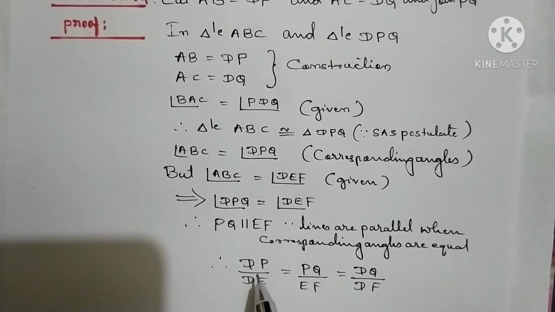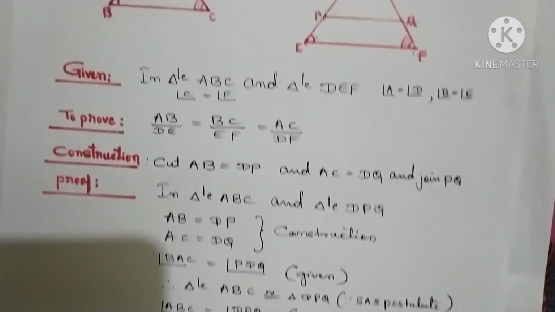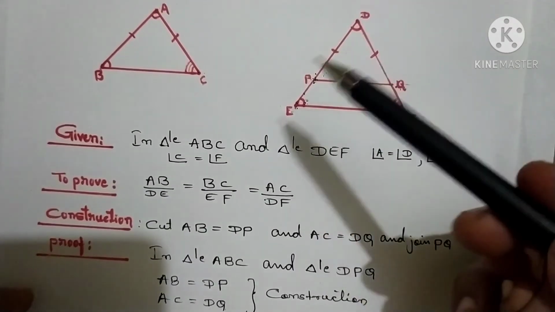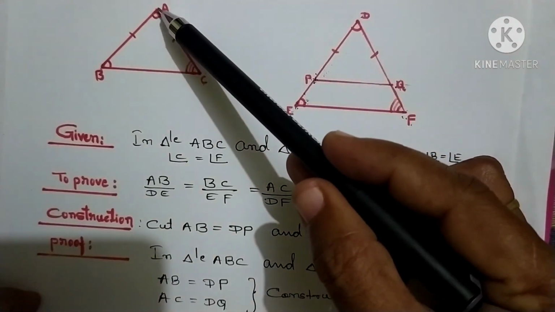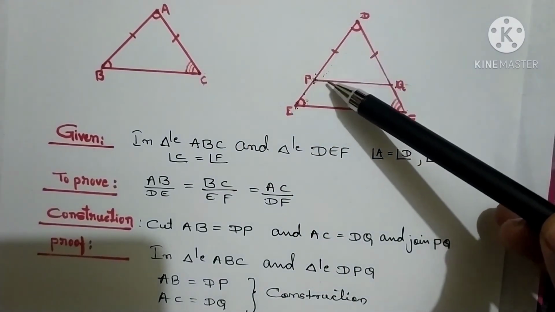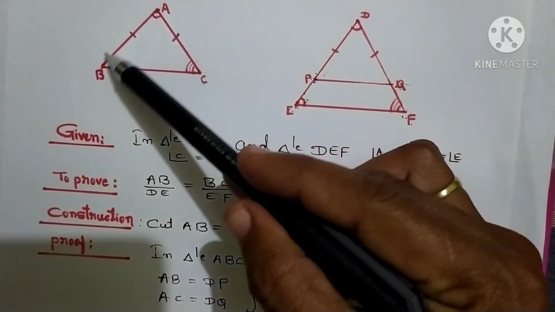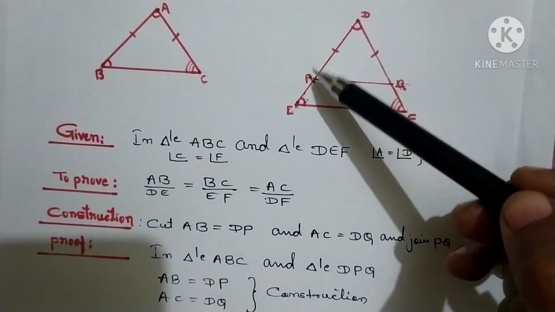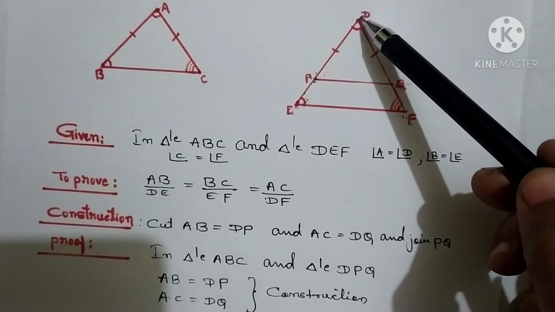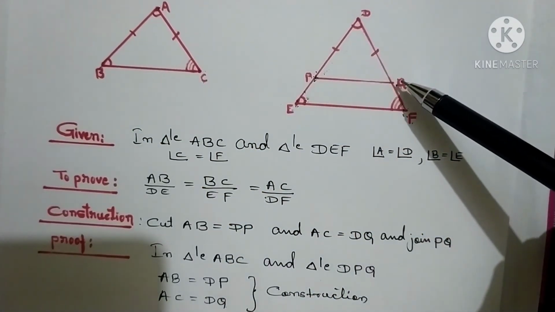Now see here, in place of DP we should take AB. Why should we take this here? Now you see, we proved triangle ABC is congruent to triangle DPQ. So we should take AB in place of DP, AC in place of DQ, BC in place of PQ.